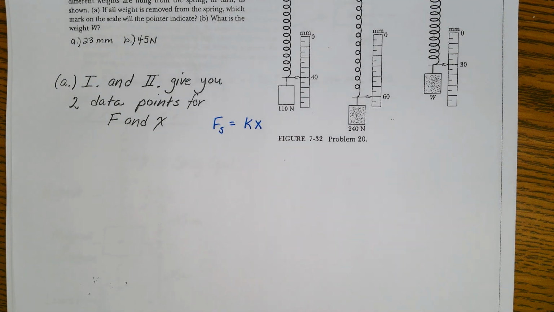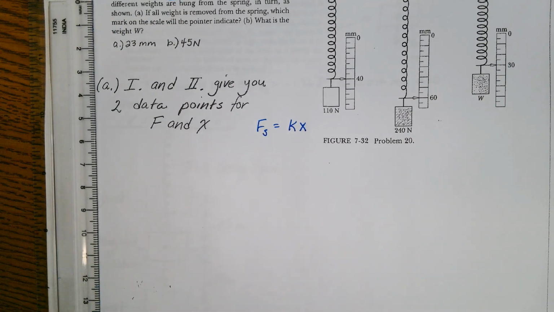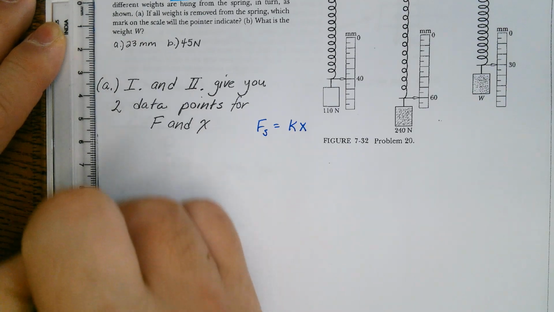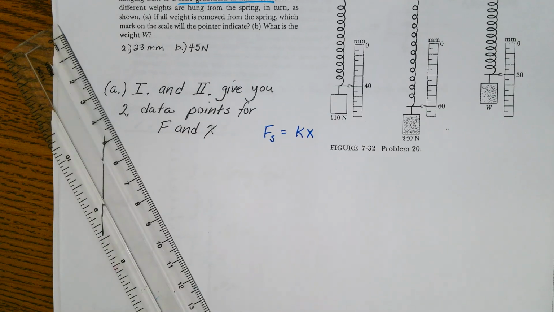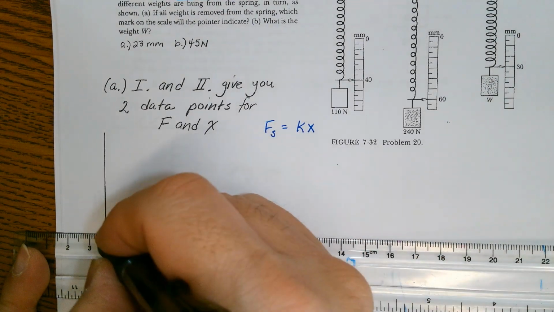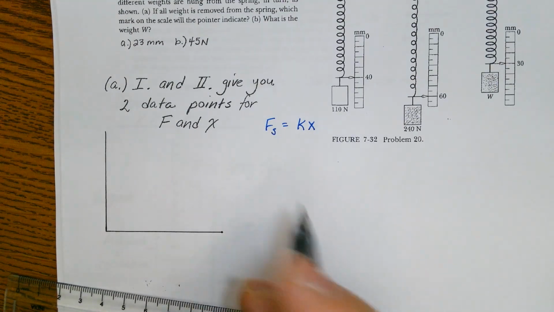So I want to leave the negative out and just graph this so that we can see how this thing is going to behave. Here's what I'm going to do.